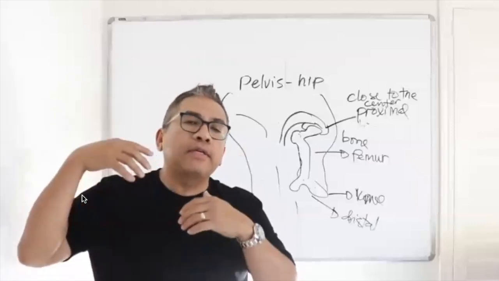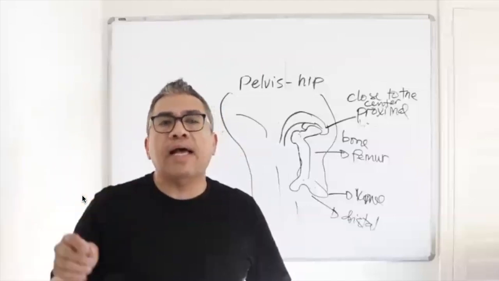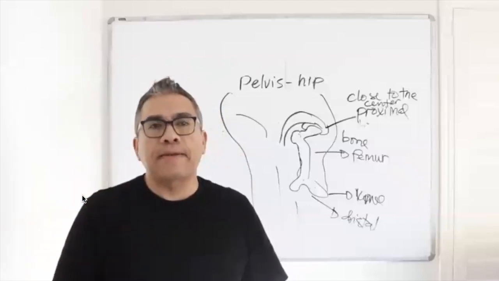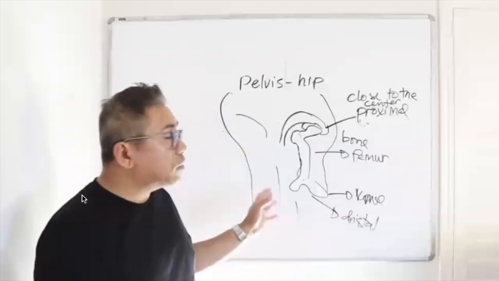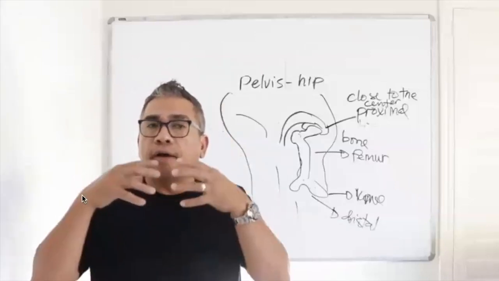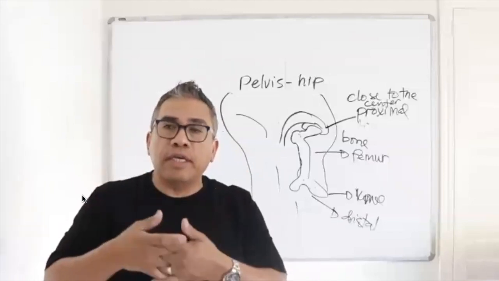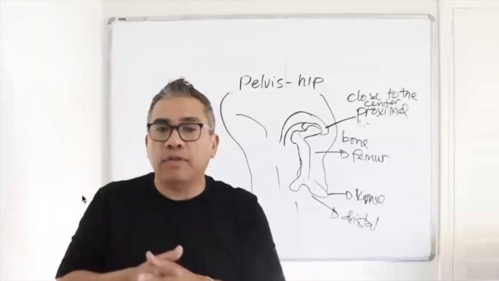So the goal for every code assignment is to assign to the highest specificity. That's the goal. And this is the reason why the guidelines are very particular about that instruction, saying, hey, if it's the bone, you have to code it to the bone.